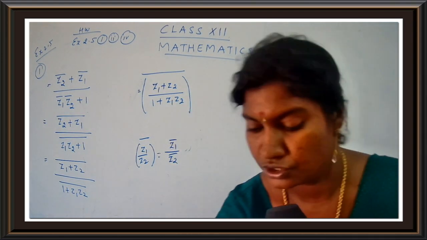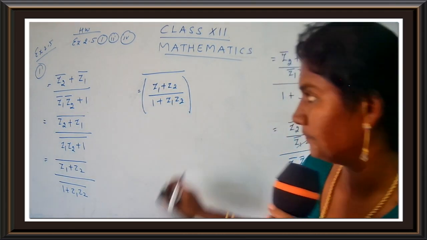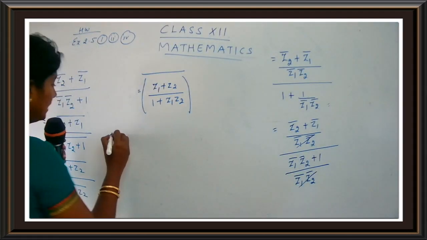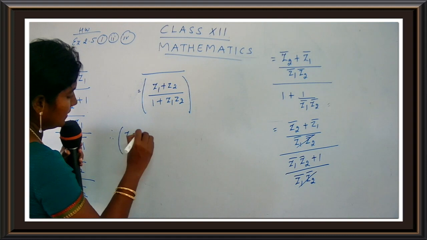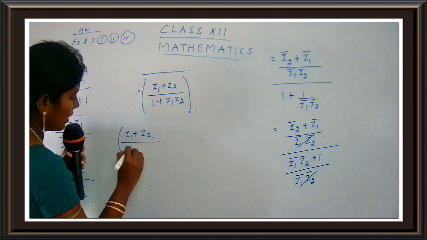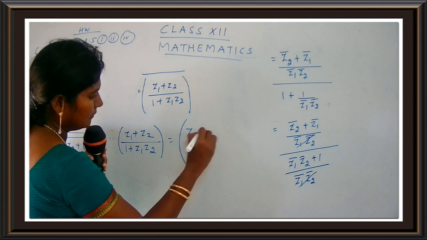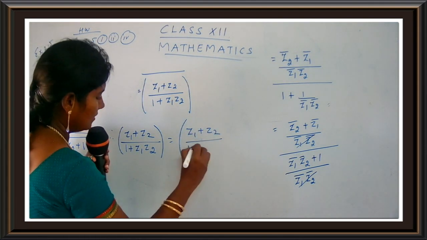So now what did we start with? Write down, therefore, z1 plus z2 upon 1 plus z1 z2 is equal to z1 plus z2 upon 1 plus z1 z2, the whole conjugate. That is, I started with this.